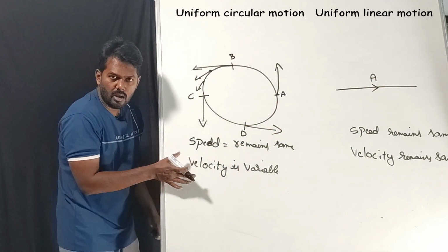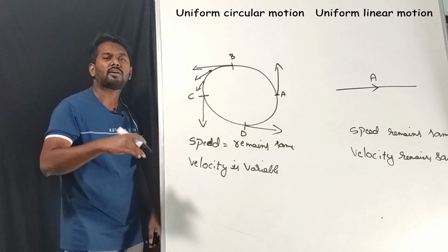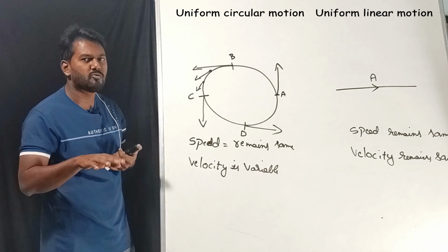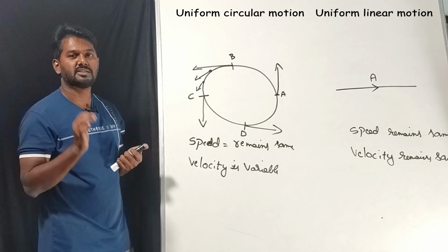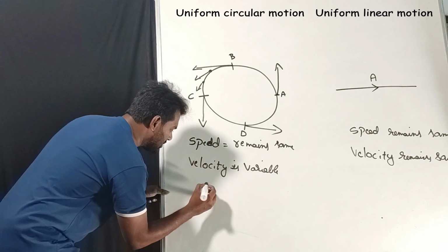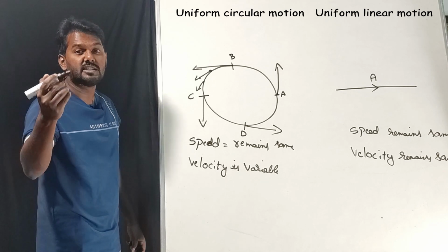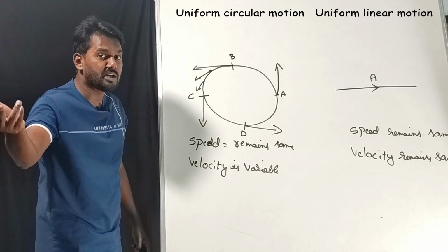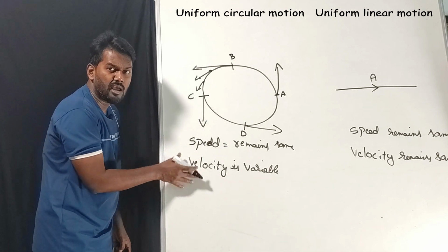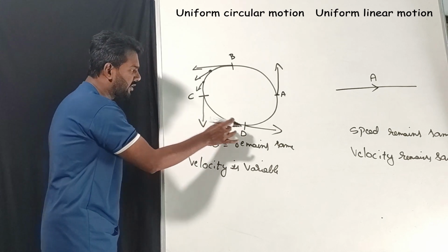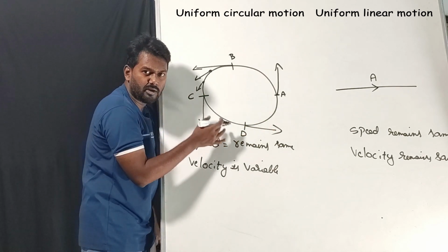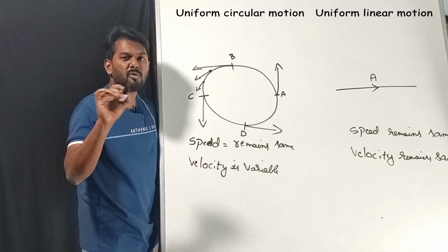So if velocity changes, what will change? Acceleration. What do you mean by acceleration? Acceleration is nothing but rate of change of velocity. So here there is a change, correct? For every point, the velocity changes. What do you mean by rate?